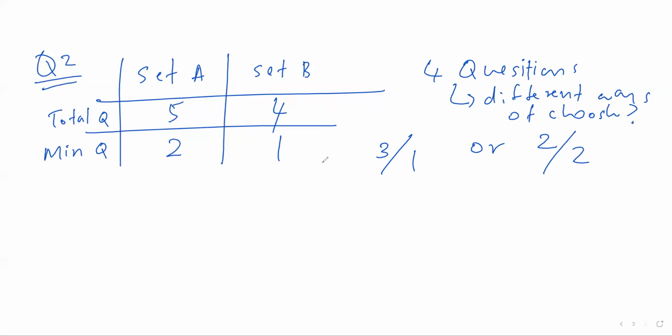Now here, you can write 5C3 and 4C1 plus 5C2 times 4C2.